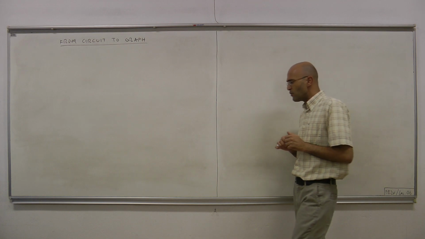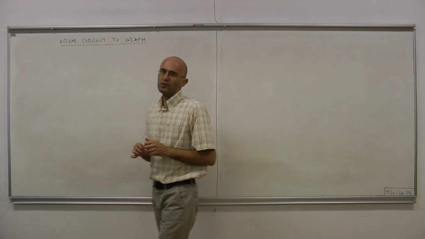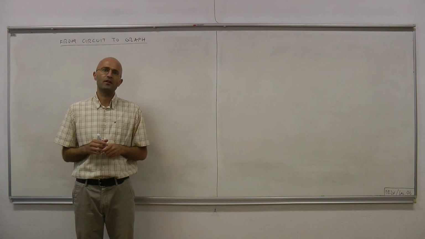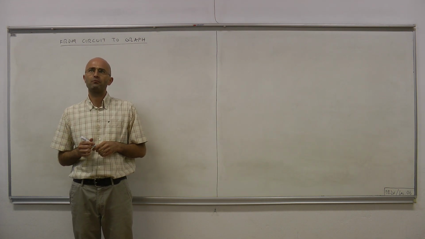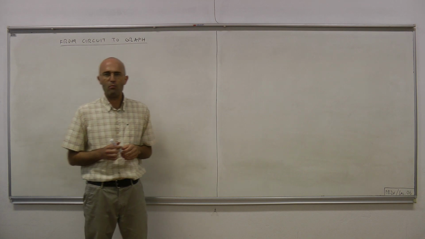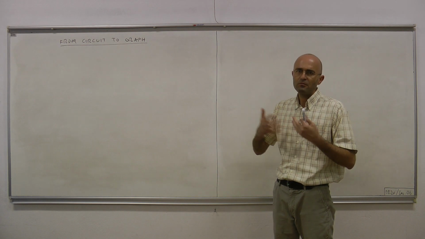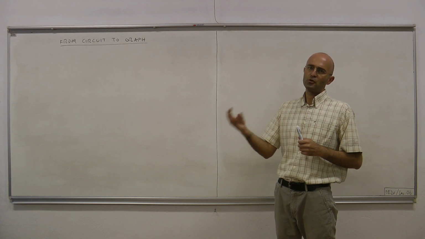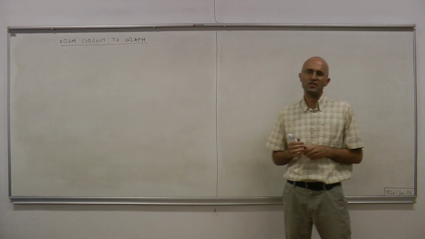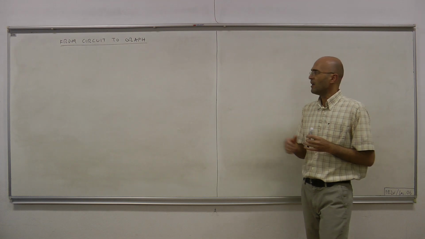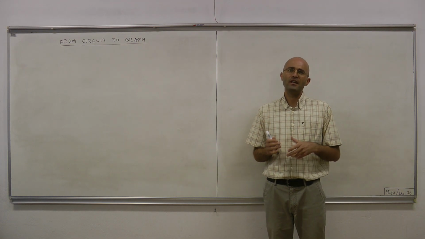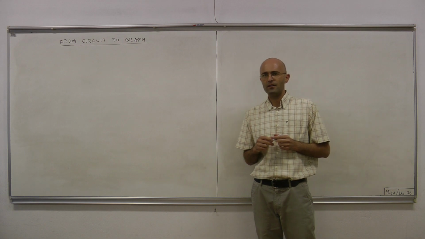Now, if you have a very simple circuit, say one made of 3 or 4 components, then to solve it you can just write whatever you can write using KCL, KVL, and terminal equations. Since the circuit is very small, there won't be many equations to deal with, and somehow you can figure out the answer.